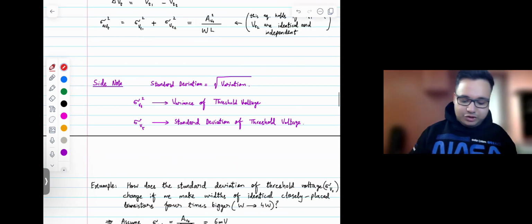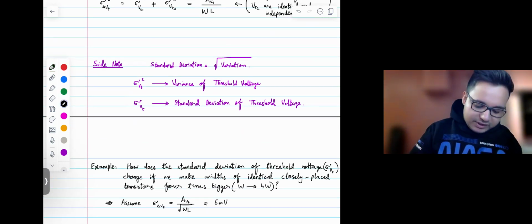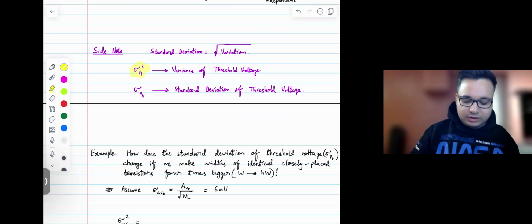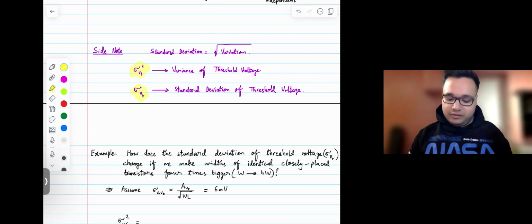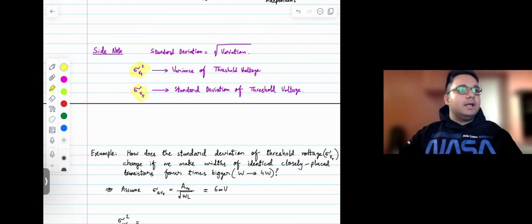Okay, just a bit of side note here. Standard deviation is just the square root of variance. So if this is the variance, then the square root of that is the representation of the standard deviation of a threshold voltage. Okay, so let's look at an example.